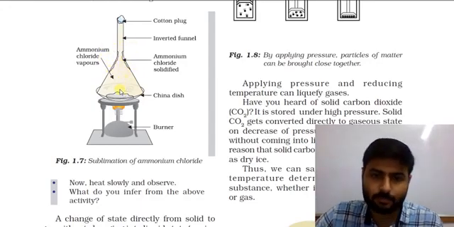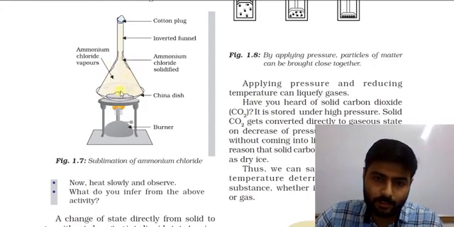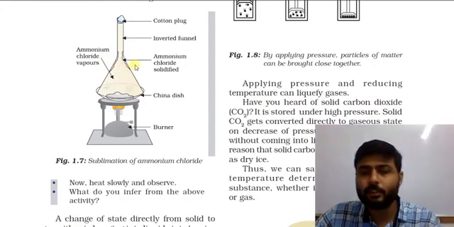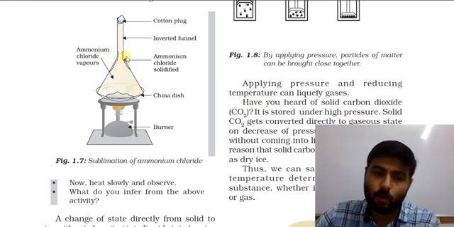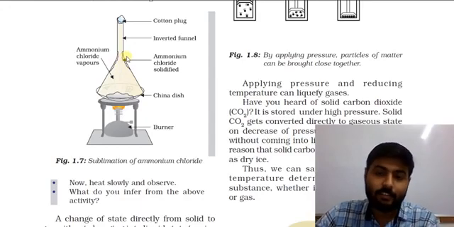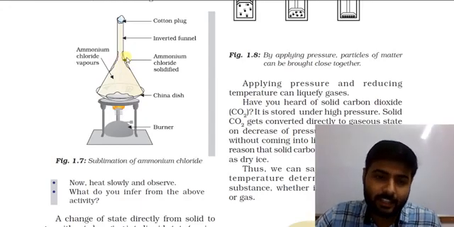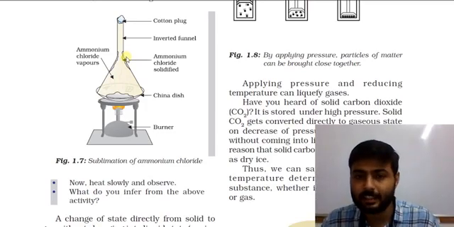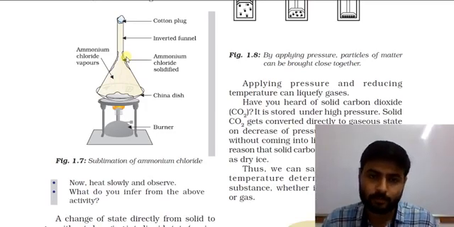When this gas or vapor of ammonium chloride or camphor goes up, it will cool down gradually. When it cools down, which means a decrease in temperature, that will convert it into solid.